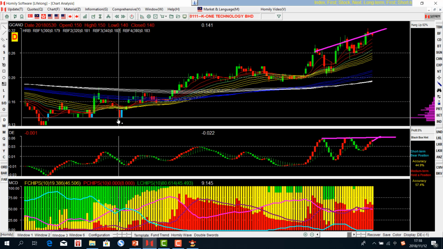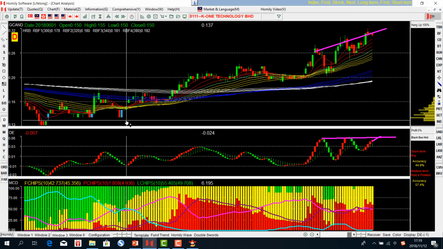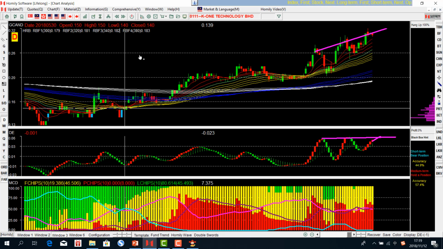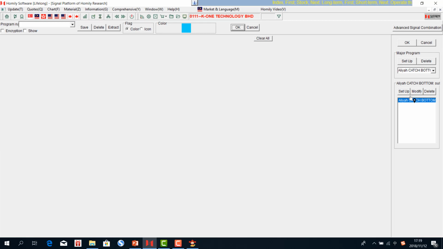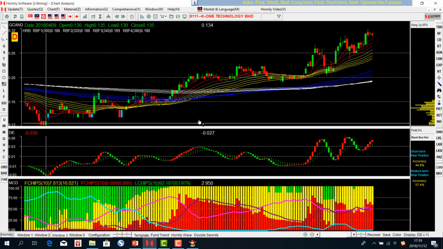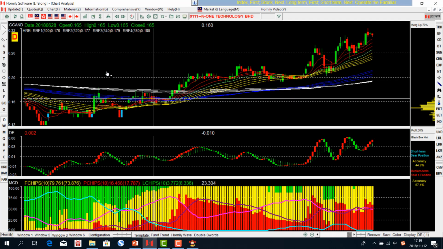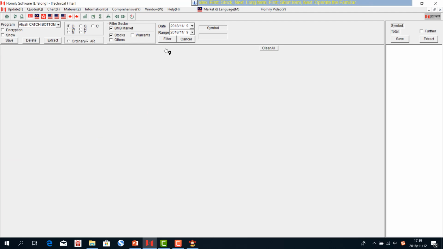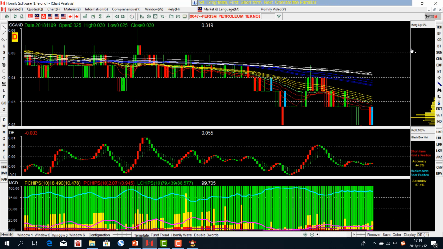Okay, so how can we use this signal, the light blue candlestick? It is a catch bottom signal, so we can use this one, the alia catch bottom. We click OK, then it will appear on our chart. Every day you can filter it in our program. We click this one and then click filter Malaysia market, then it will appear.